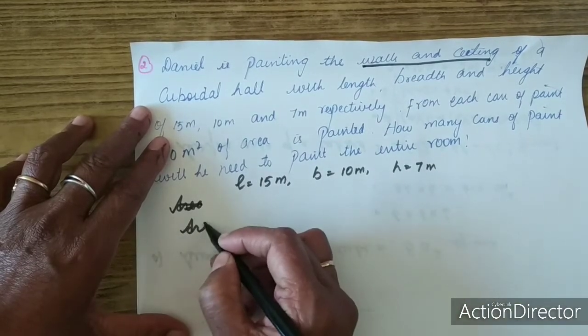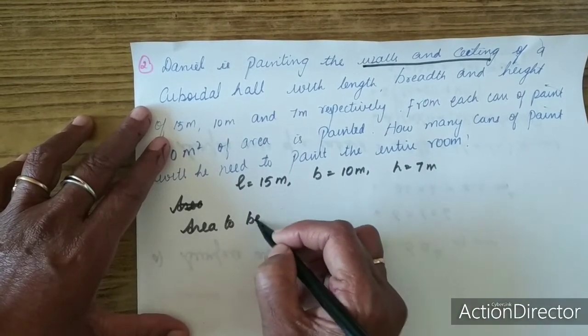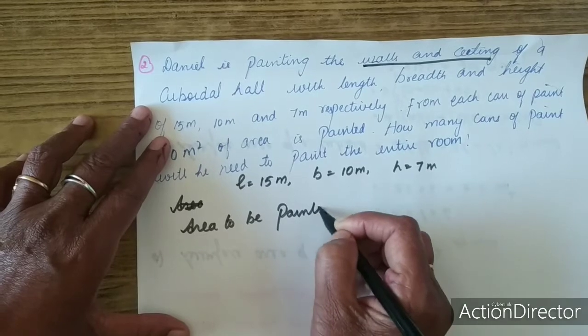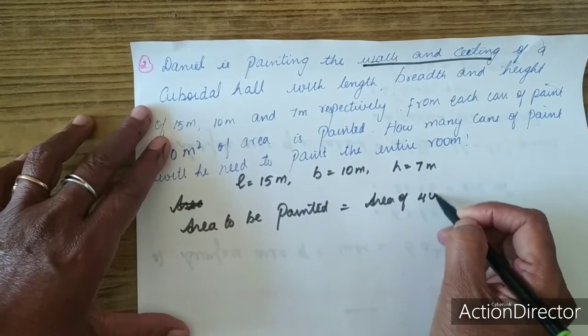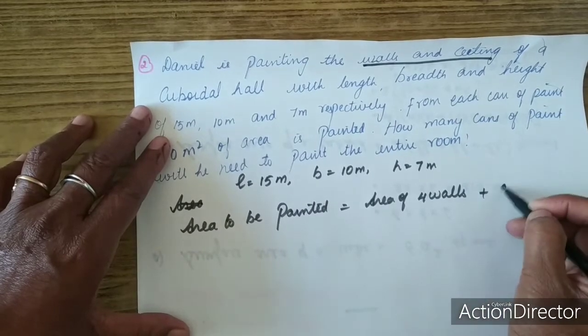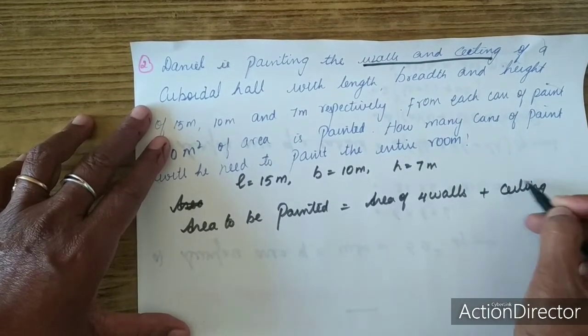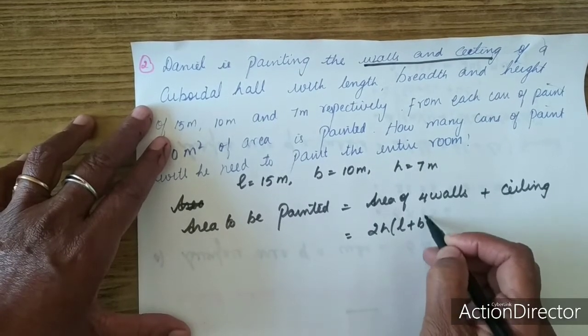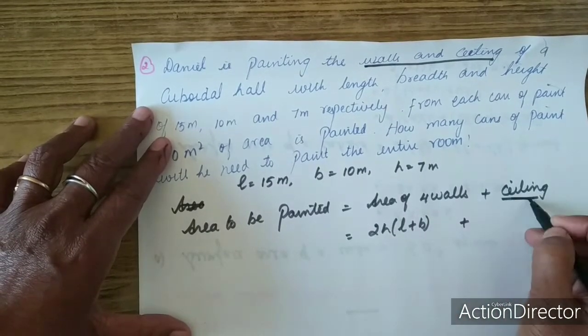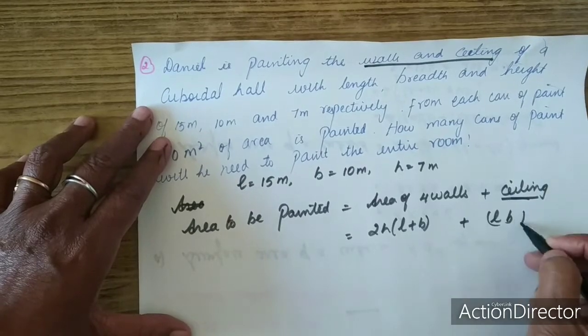Now you write: area to be painted is equal to area of 4 walls plus ceiling. You know the formula for area of 4 walls, it is 2h into (L plus B), and the area of ceiling is nothing but length into breadth.